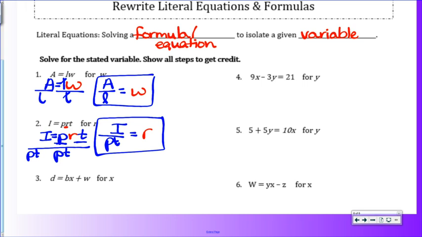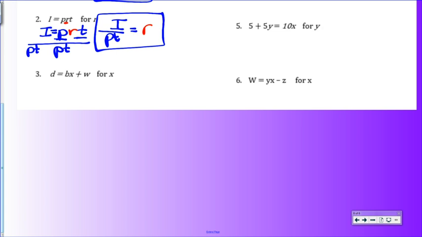Number 3. D equals BX plus W, and this time we're solving for X. So now we have multiplication and we have addition.